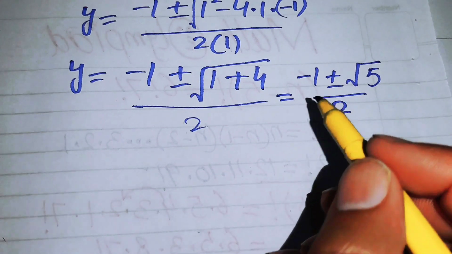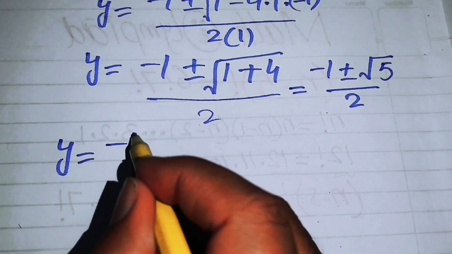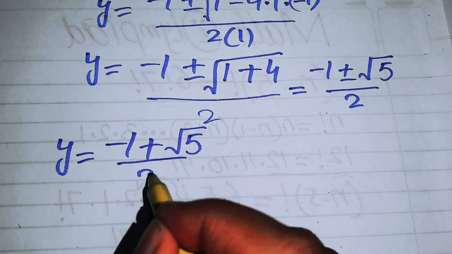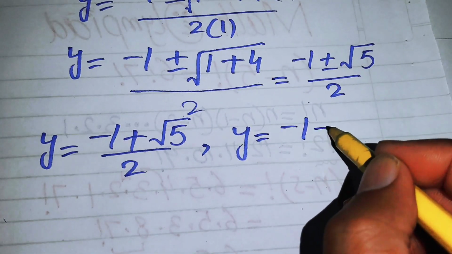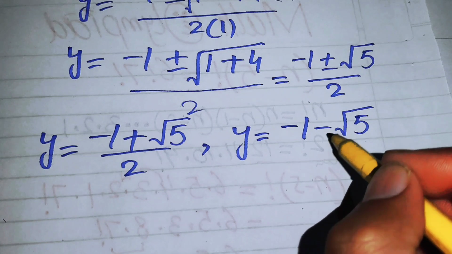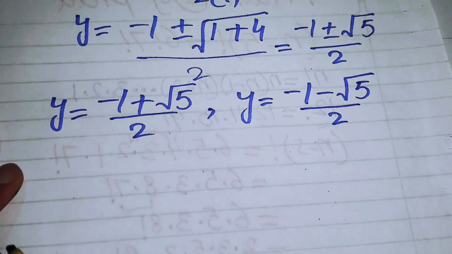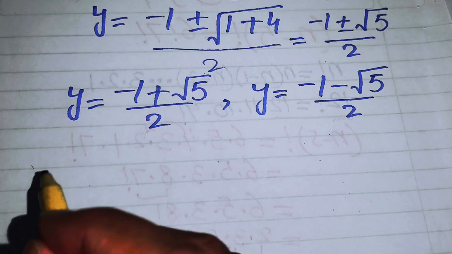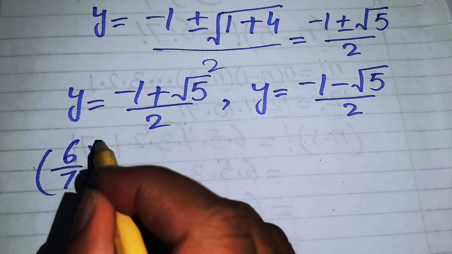So here we have two cases. The first is y equals minus 1 plus square root 5 over 2, and the second case is y equals minus 1 minus square root 5 over 2. Here we back substitute the value of y, since at the start of the problem we took y equals (6 over 7) whole power n.